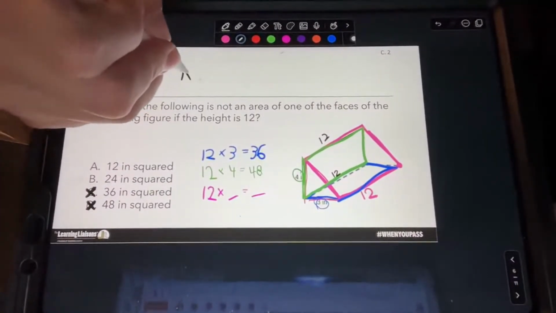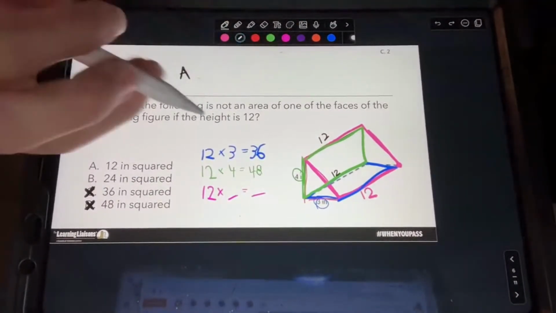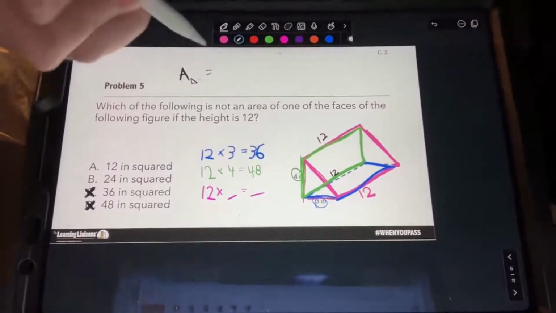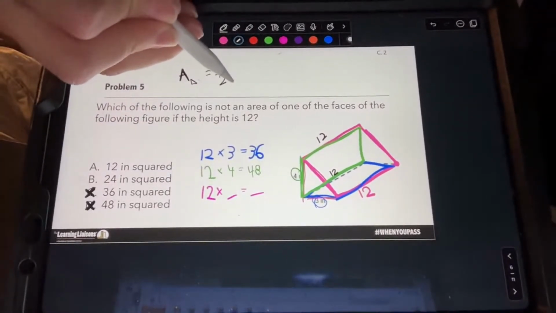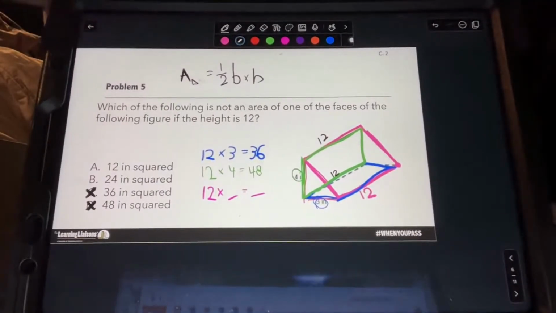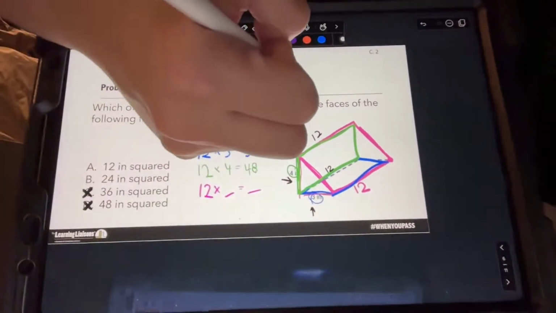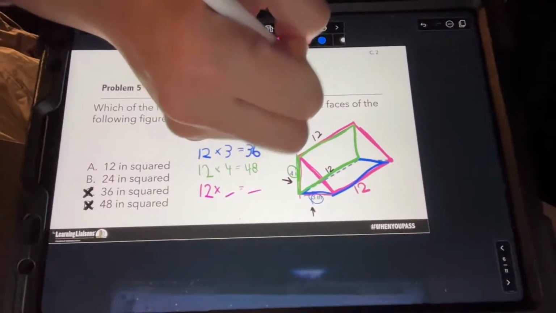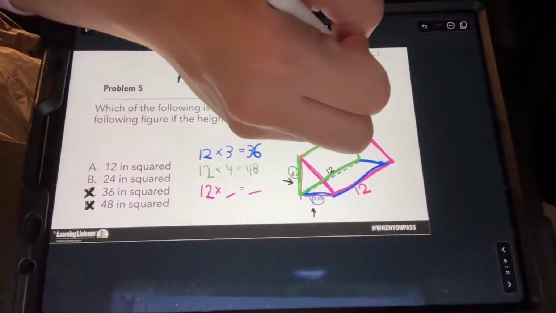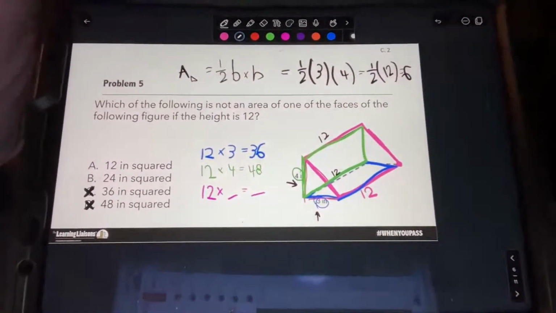And I know that the area of a triangle, that is not a triangle. Let's try that again. The area of a triangle is 1/2 base times height. Well, the base of my triangle is 3 and the height of my triangle is 4. So I can do 1/2 times 3 times 4, which is 1/2 of 12, which is 6.